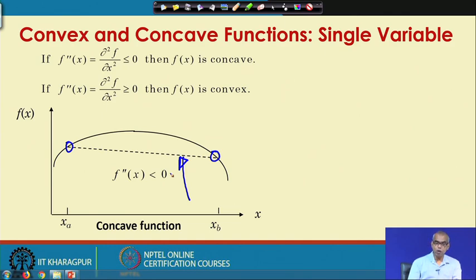So, you take any 2 points on the concave function, join them by a line, the line will always lie below the function. This is the property of a concave function.